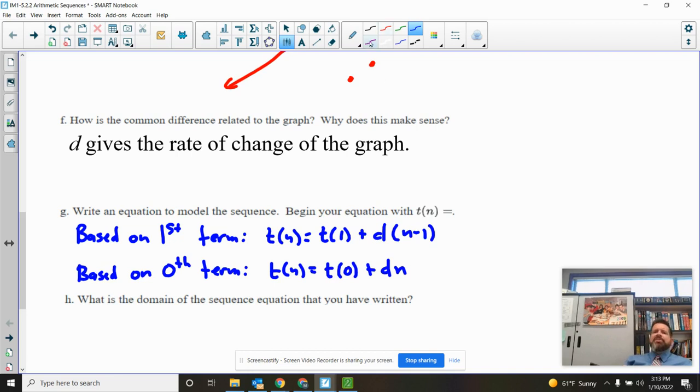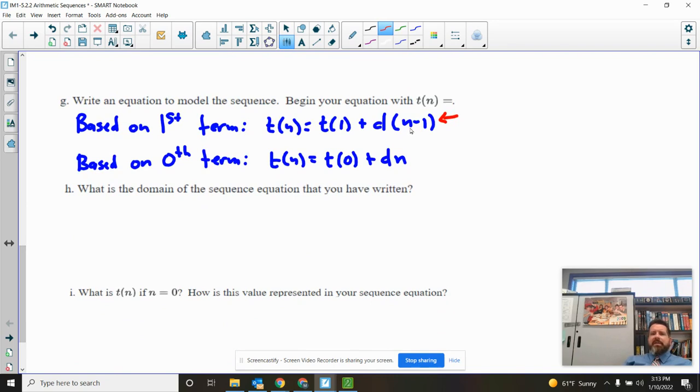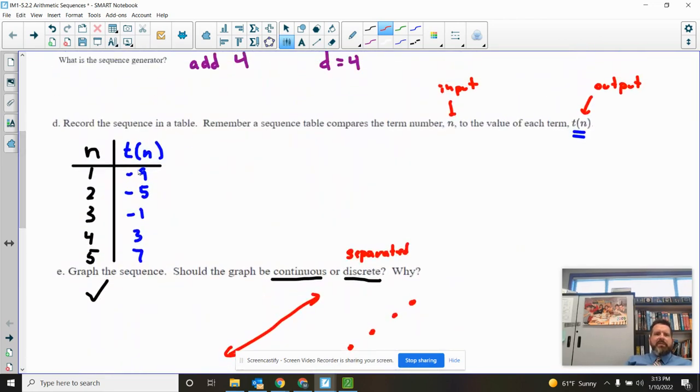Now, we're going to start with this one because that's what we have. We have the first term. We'll talk more about this in the future. I just want you to know this exists because we are going to see it later on. So to write an equation for this, we're going to start with t of n, leave those as letters. But for the first term, actually put in the number that is the first term in our sequence, which for us was -9.